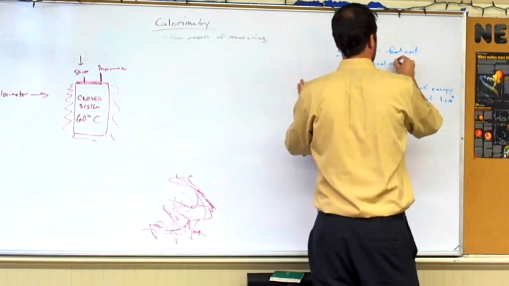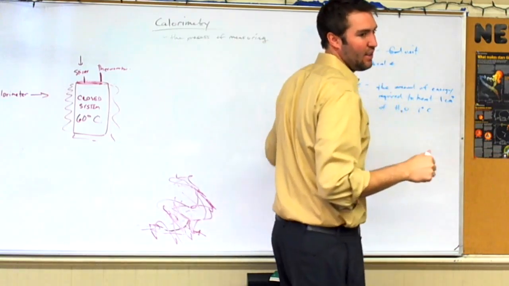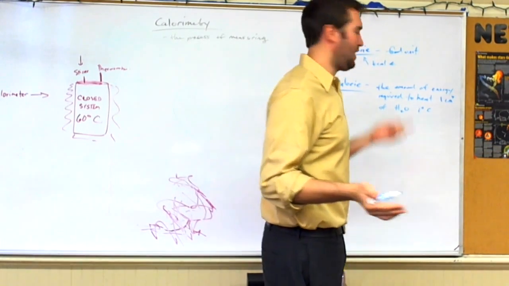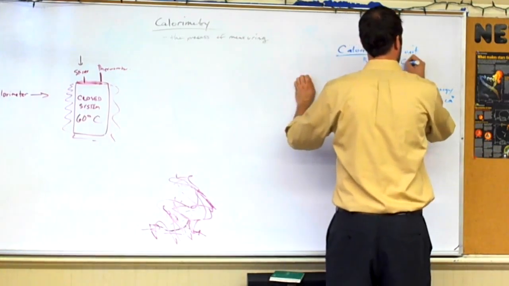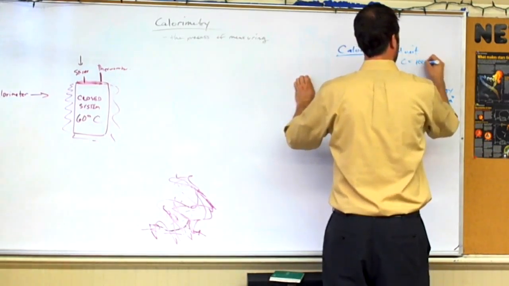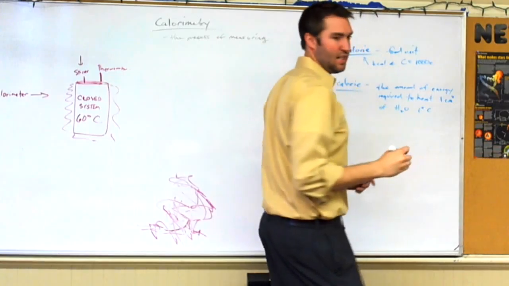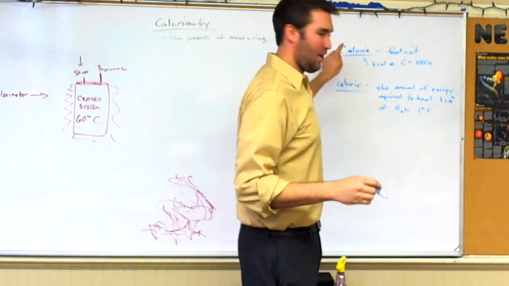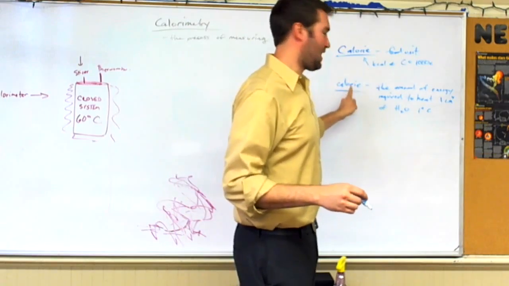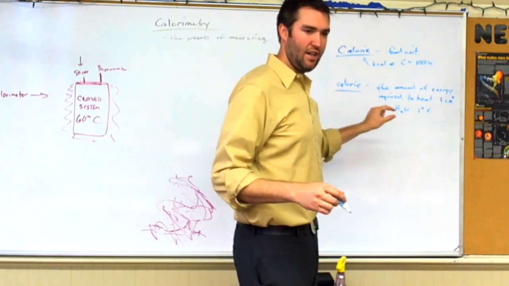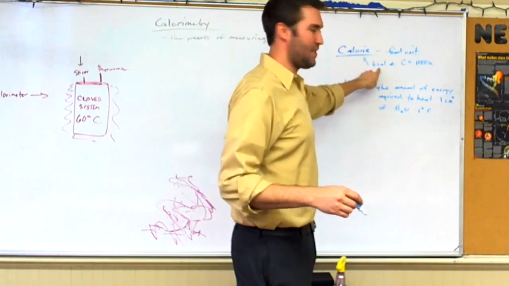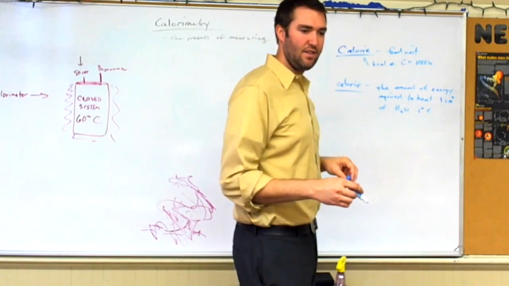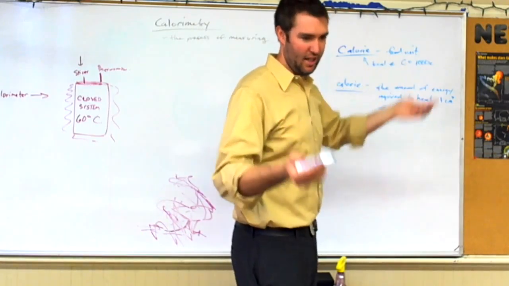So henceforth, a kcal or kilocalorie means the big calorie, big C, equals 1,000 little c's. Does that make sense? A calorie in the food is 1,000 little calories. So a big calorie is equal to a kcal, a kcal being a kilocalorie.